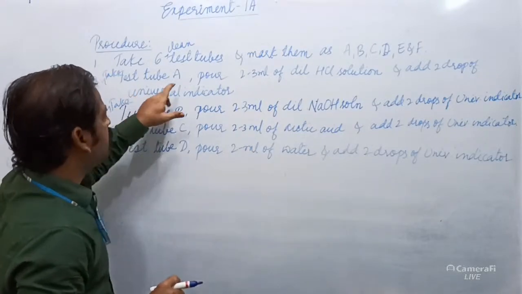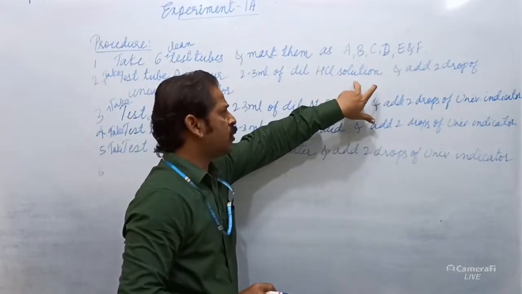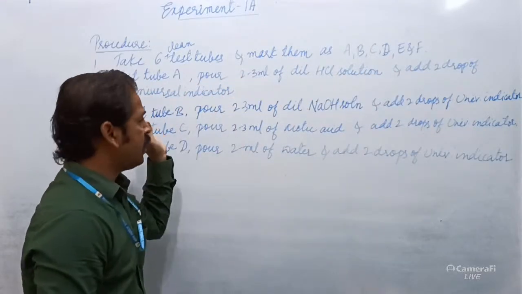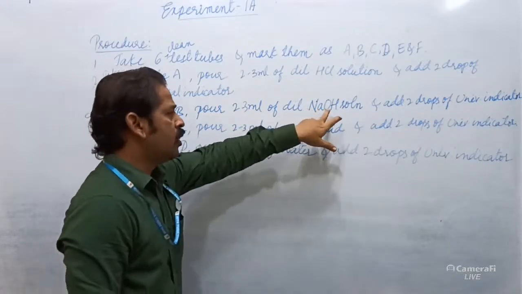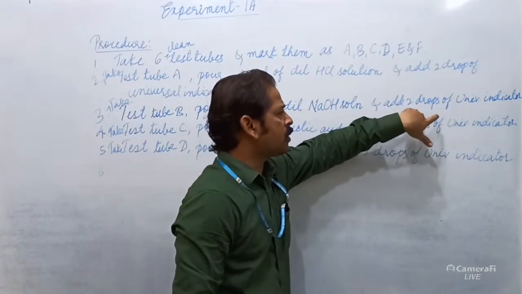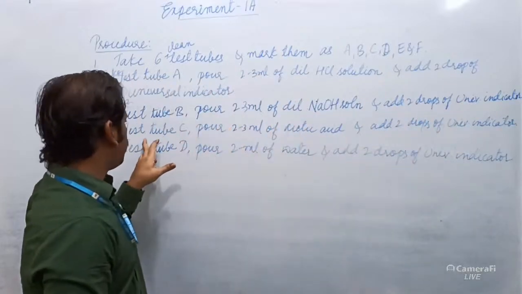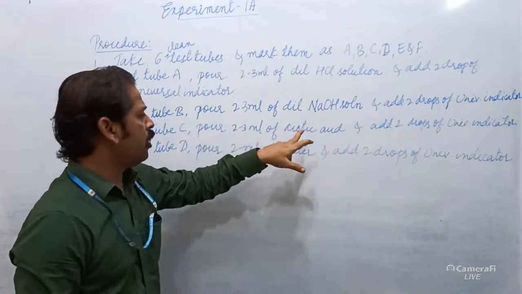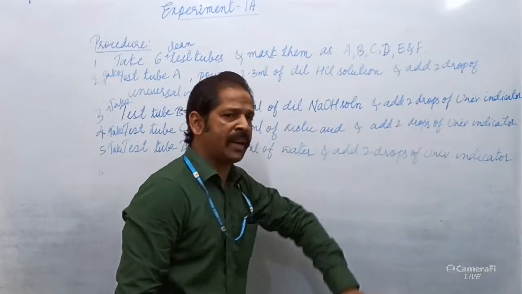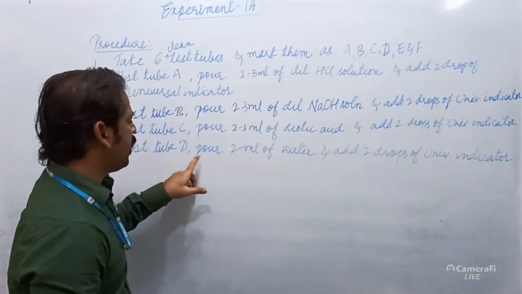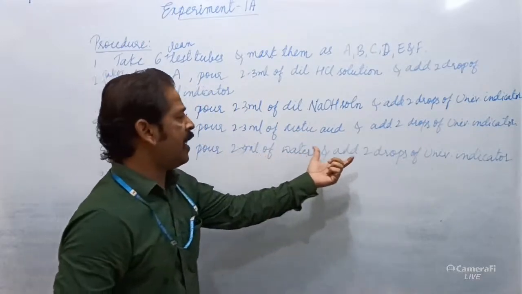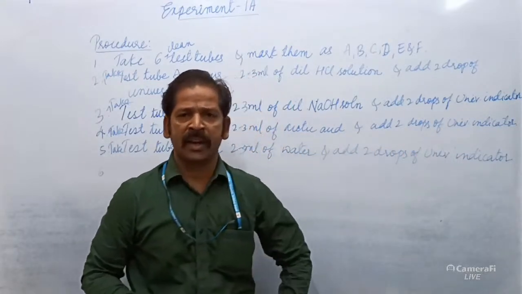Take test tube A, 2 to 3 ml of dilute HCl solution and add 2 drops of universal indicator. Second is to take sodium hydroxide solution in test tube B and add 2 drops of universal indicator. Next, test tube C, pour 2 to 3 ml of acetic acid and add 2 drops of universal indicator. Next is test tube D, pour 2 to 3 ml of water and add 2 drops of universal indicator.